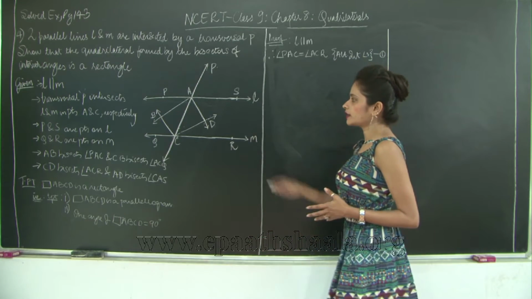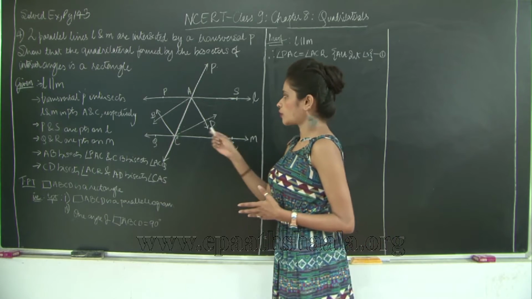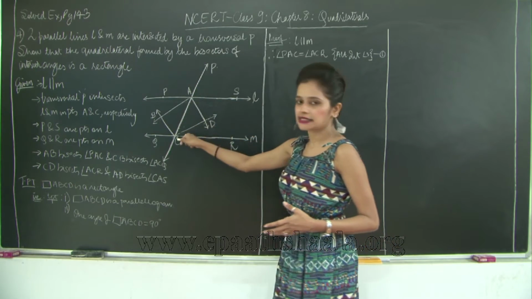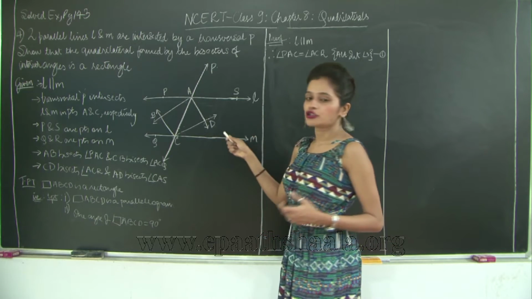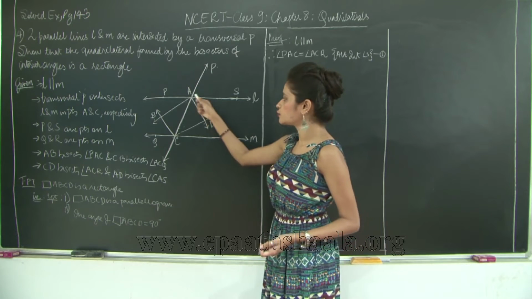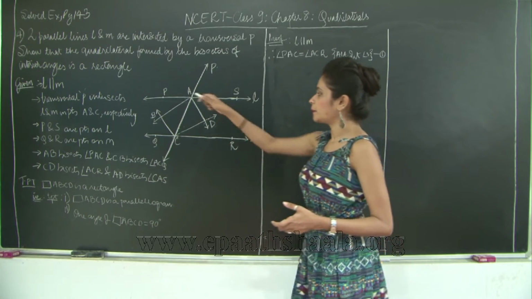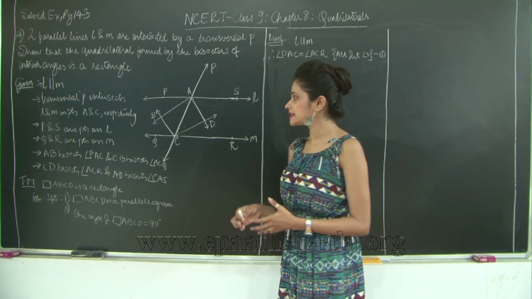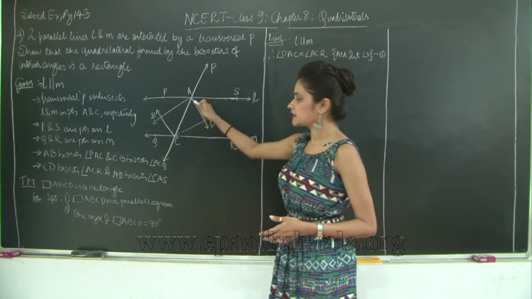What else do we know? That AB bisects angle PAC. So what is the half of angle PAC is going to be angle BAC. Similarly, CD bisects angle ACR. So the half of angle ACR is going to be angle ACD. But what have we been given? That PAC is equal to ACR. Therefore, half of PAC is going to be equal to half of angle ACR, that is BAC is equal to ACD.